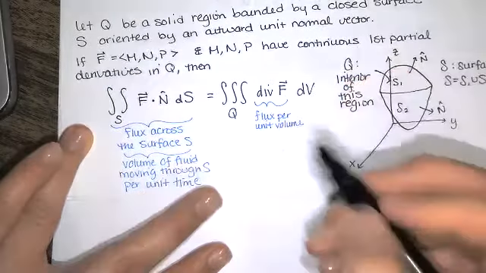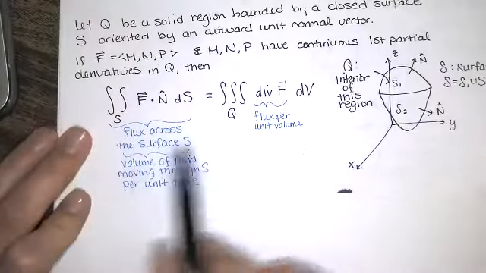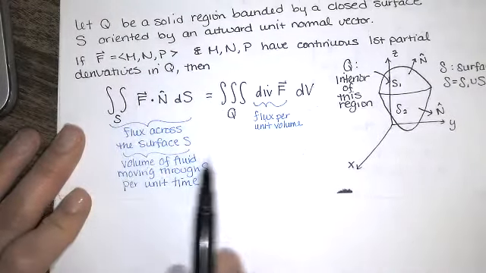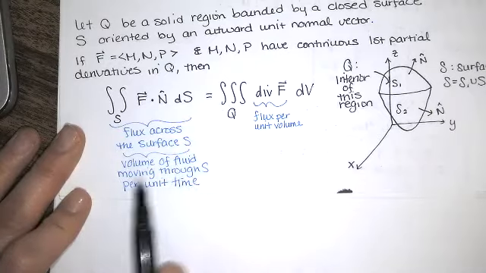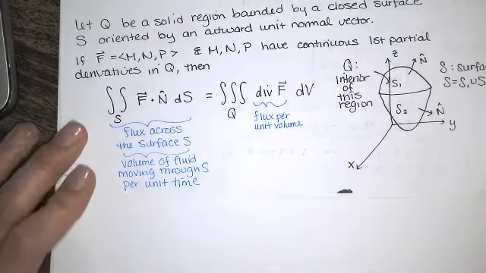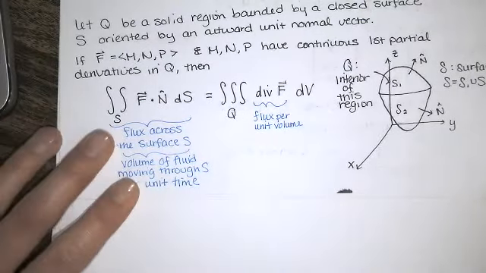So we take flux per unit volume and multiply by volume, and then we add all of that together and we get flux. And what's flux? It's the volume of fluid moving through the surface per unit time. So now we have this new interpretation of the divergence.